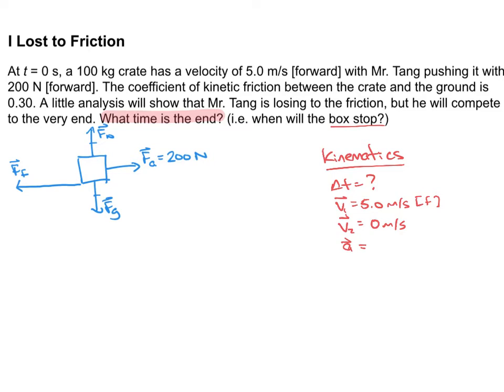Acceleration is our connection. So I'm going to have a separate heading, which I'm going to work on first, and that's to find the acceleration. And I'm going to find the acceleration using Newton's laws, because I cannot find it with the kinematic side.